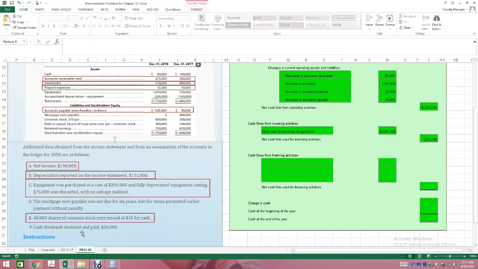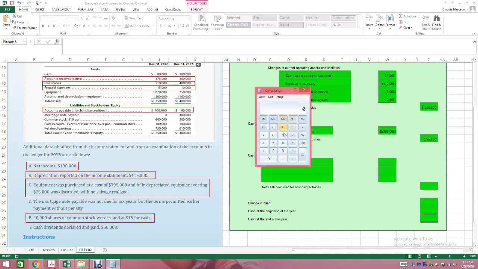You issued 40,000 shares of stock at $15 each. So how many shares do you have? 40,000. And at $15 each, that means that you sold stock for $600,000.